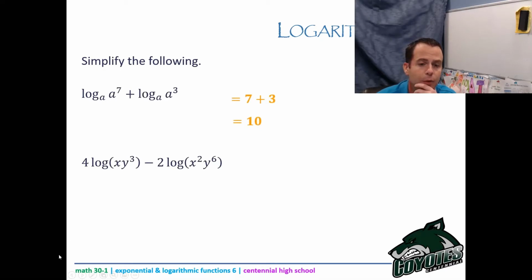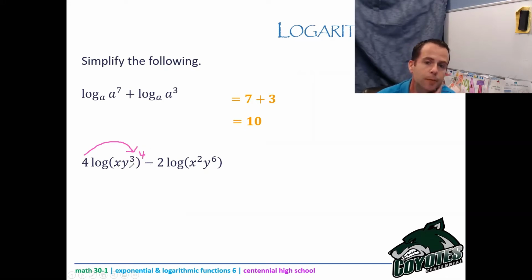Okay, now we're going to get a little bit more in depth as we go here. Before I can start looking at putting these guys together, I need to bring this up. Okay, so that applies to right here, which means that 4 will apply to the x and it will apply to the y cubed. So this is going to be log of x to the 4, y to the 12, minus, same thing here.